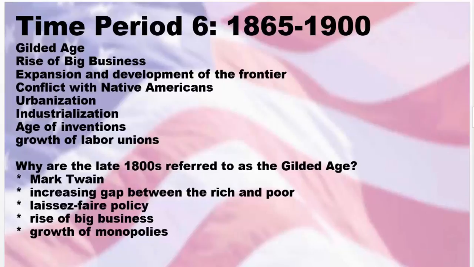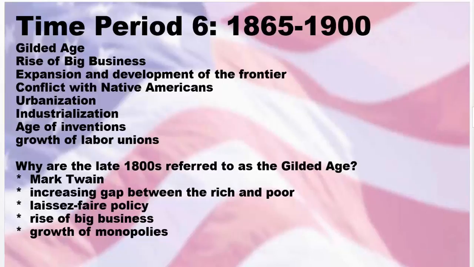And the term Gilded Age was given by author Mark Twain, who was referring to the fact that on the surface America looked very prosperous. However, underneath there was tremendous poverty, and this increasing gap between the rich and the poor is something that alarms individuals. The government's policy at the time was laissez-faire, which is a hands-off policy, minimal government involvement, minimal regulation.